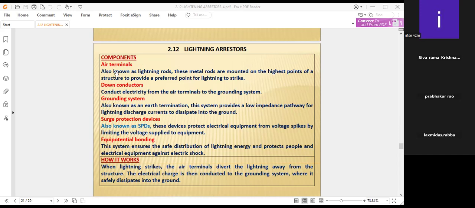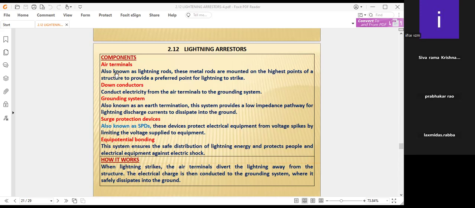These are the five things to be taken care of.